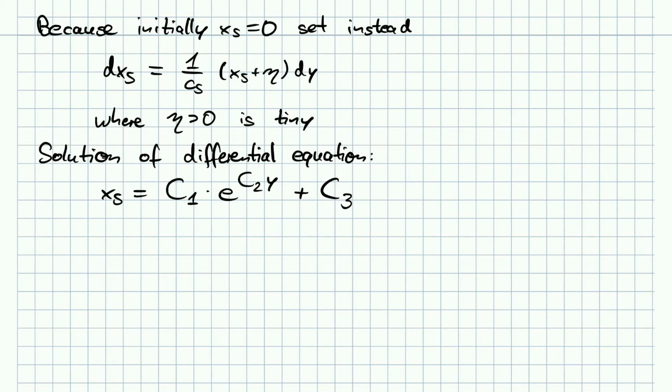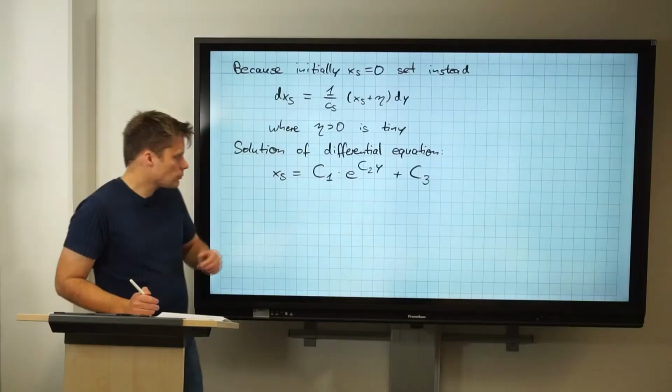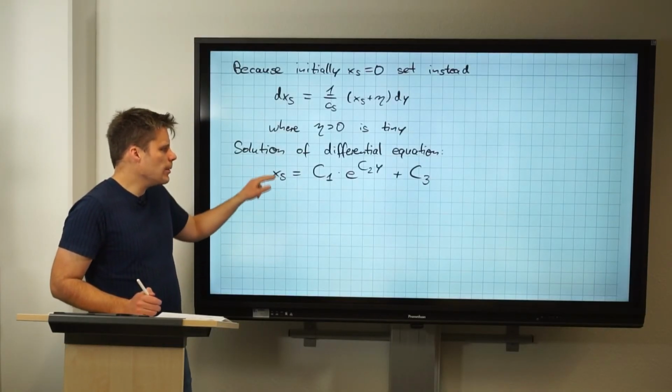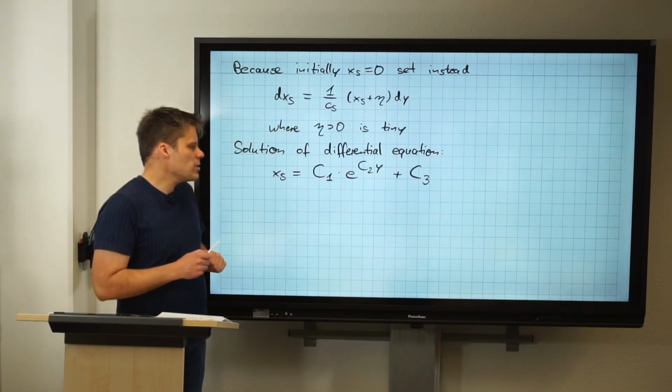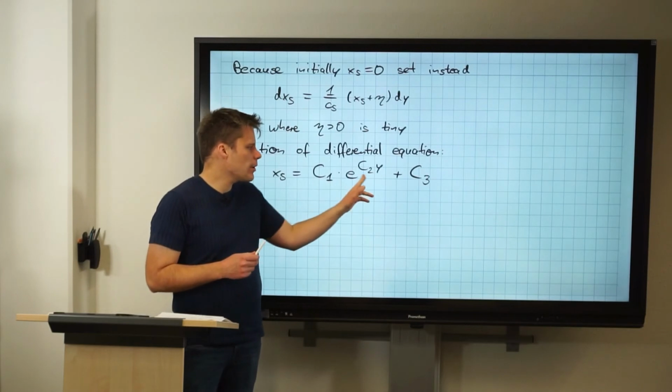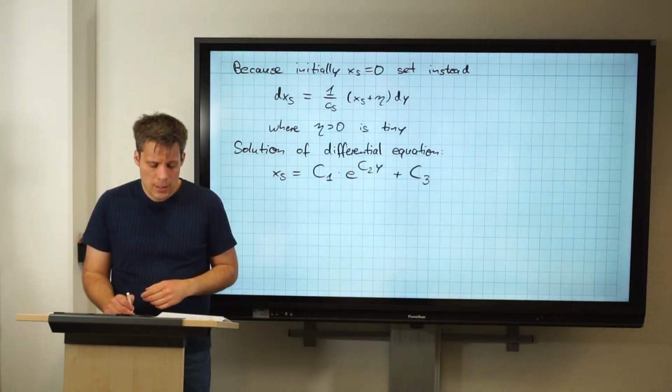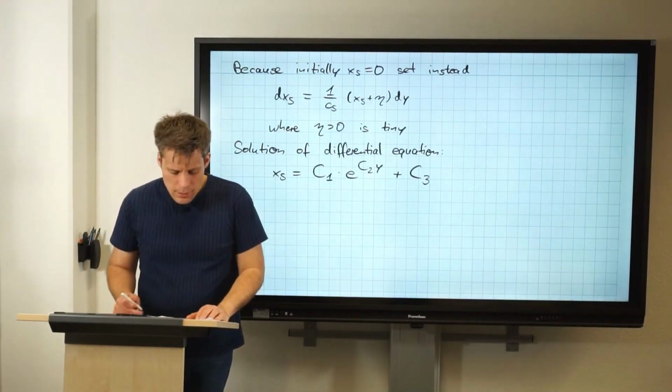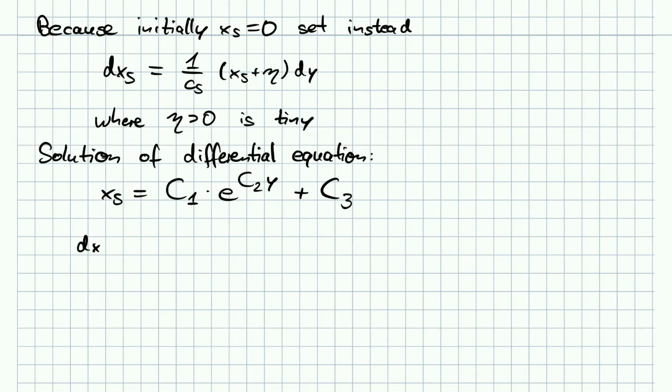These are capital C's, and this is what a general solution to this differential equation looks like. We still have to figure out what C1, C2, and C3 are. How do we do this? If we take the derivative of this thing, we get C2 times C1 times e to the C2 times y, which is nothing but C2 times xs minus C3.